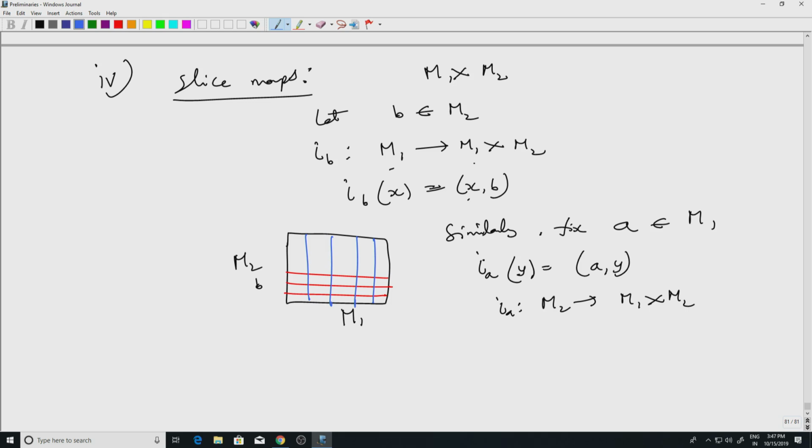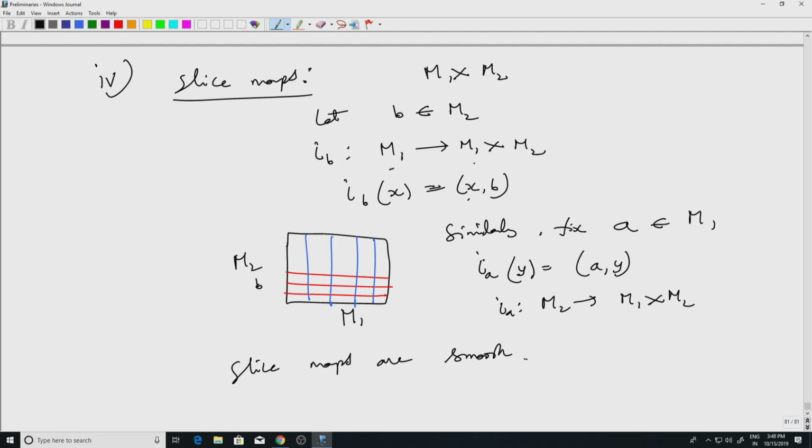Now these slice maps are smooth. So IB is smooth at all points of M1, IA is smooth at all points of M2.